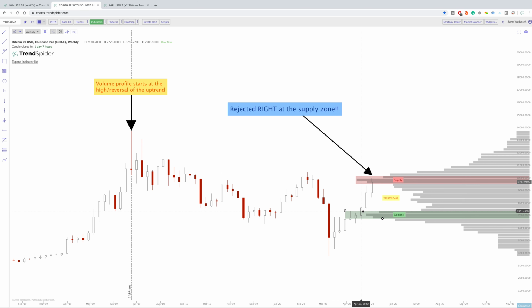We call this supply above because this is where all of your people that loaded up at the top here in February of 2020, they loaded up at 10K and no one really sold because these shares are still here. And so now all of these people are breaking even, and now the price is having trouble breaking through this area.